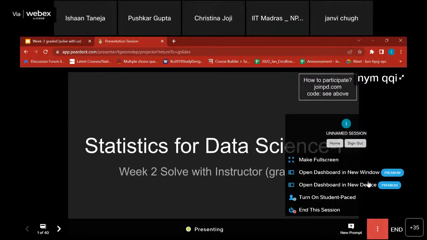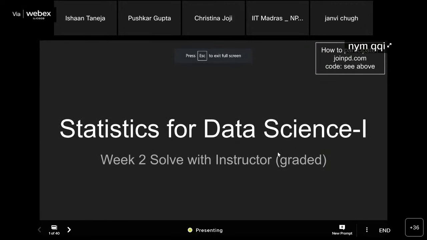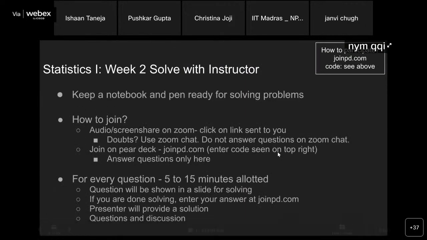Okay, so I think most of you are aware of this solve session. So I will just keep a notebook and pen along with you to solve the problem. You will see the question on the screen and then you will be given some time as we feel necessary for that question to solve. And to answer that question, don't type it on Zoom chat, WebEx chat or somewhere.